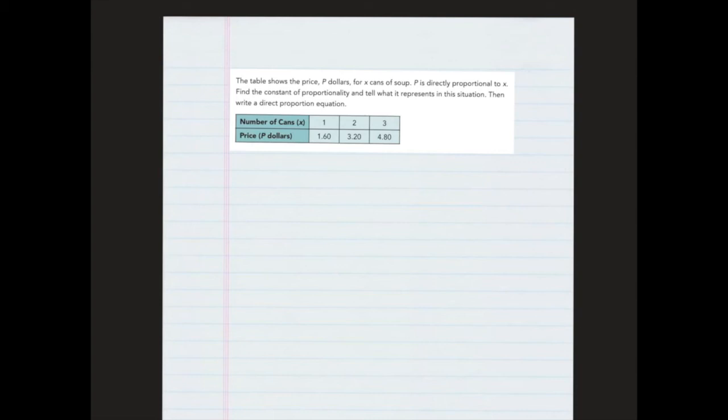So what we're looking for in our constant of proportionality is the unit rate. And that's that reduced fraction. Okay, so we want to find the unit rate.